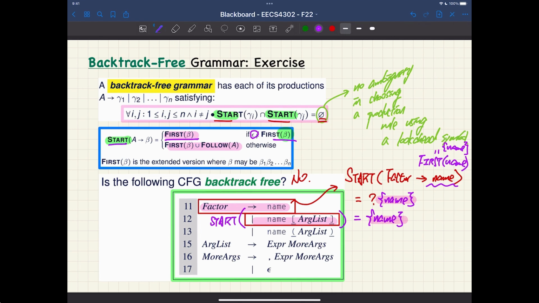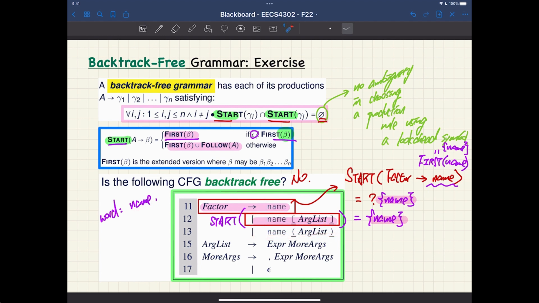Let's say the current word happens to be name. In that case, you wouldn't actually know whether to choose this one here, or this one here, or this one here, like what Henry said. You wouldn't know how to go. If you're lucky, you might choose the right one. If you're unlucky, you may need to backtrack, which is not good. Right? So that's why this grammar is not backtrack free.